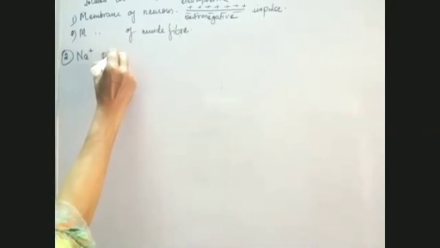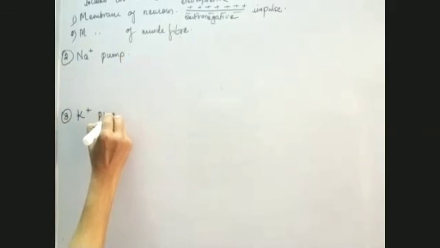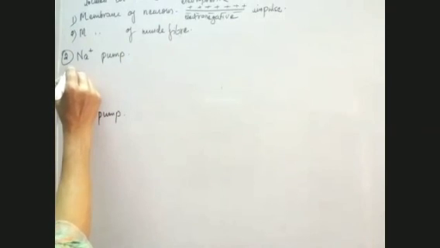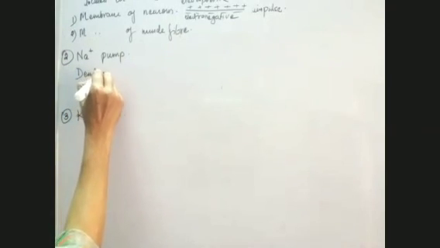We have one sodium pump also, and in the same way we have one potassium pump also. Now where is the sodium pump found? It is found in dendrites. The location of this is dendrites.